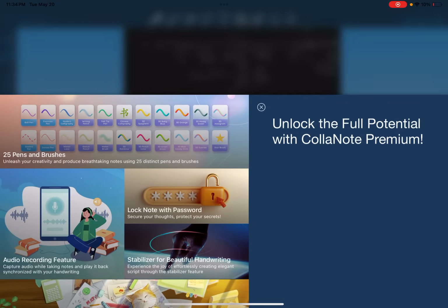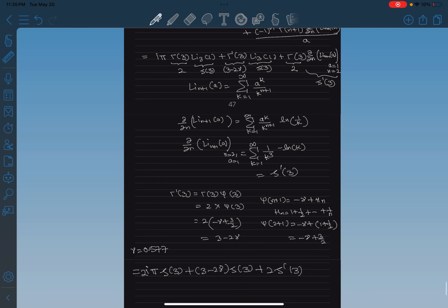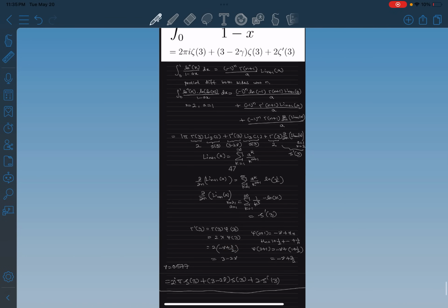So this becomes 2 pi i zeta of 3 plus (3 minus 2 gamma) zeta of 3 plus 2 zeta prime of 3, right? And that's basically the answer, and this answer was verified through Wolfram Alpha, right? So let us take the answer: 2 pi i zeta of 3 plus (3 minus 2 times the Euler-Mascheroni constant) zeta of 3 plus 2 zeta prime of 3.